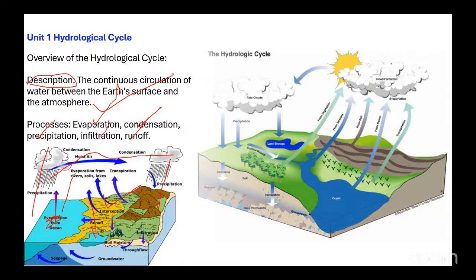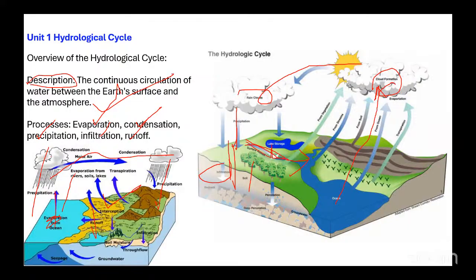From oceans, evaporation, then cloud formation, then rain clouds and precipitation. Some water will go as runoff and some water will be infiltrated. This is the infiltration into the soil or pore spaces. Infiltration will be there after raining, and runoff will be there.